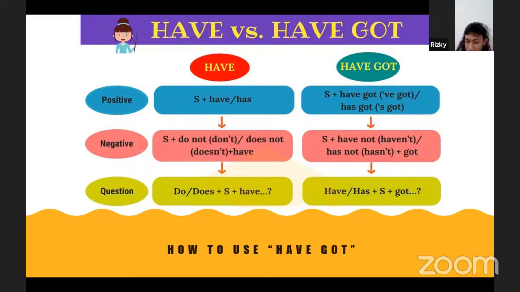Yeah. Okay. So when do you think people use have got instead of have? In your opinion, I mean, just to see whether you caught it. I don't remember. Okay. Mr. Belsing, do you remember when to use have and when to use have got? I think is the longer syllables.